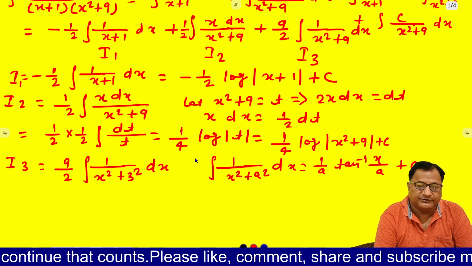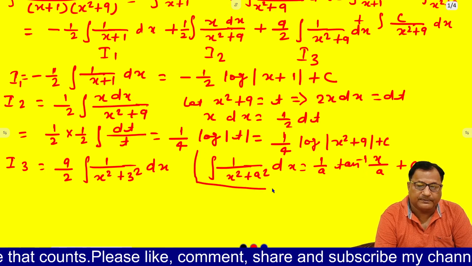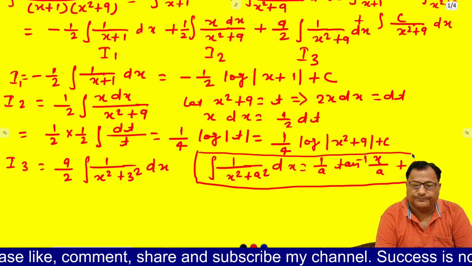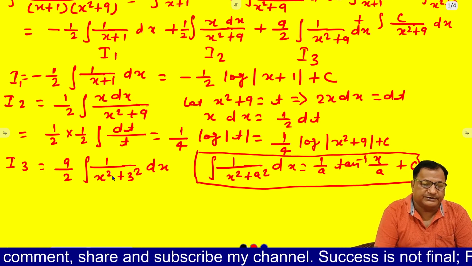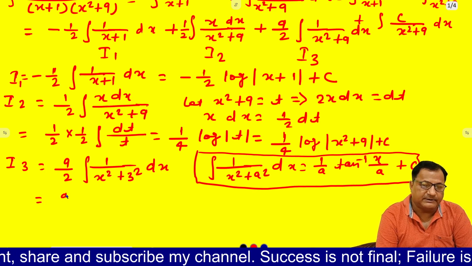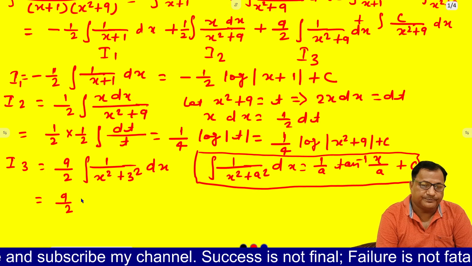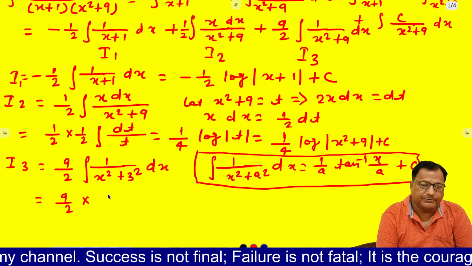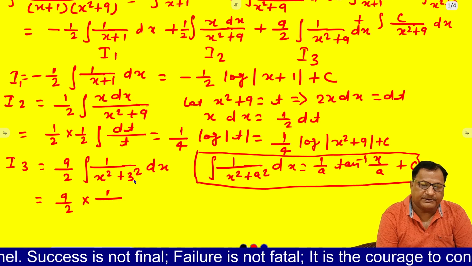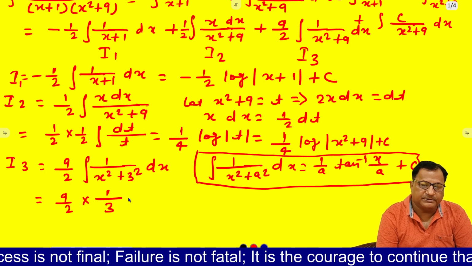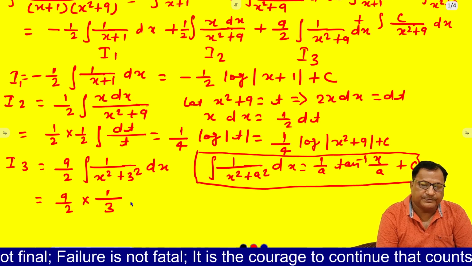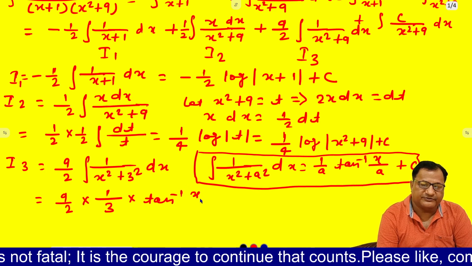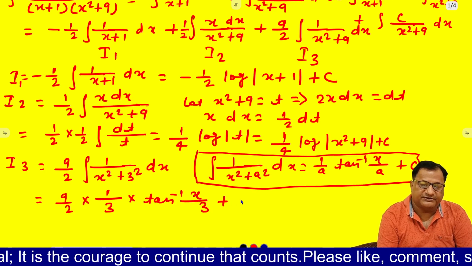Using this formula, this will be 9 by 2 into 1 by 3, since a is 3 here, into tan inverse x by 3 plus c.